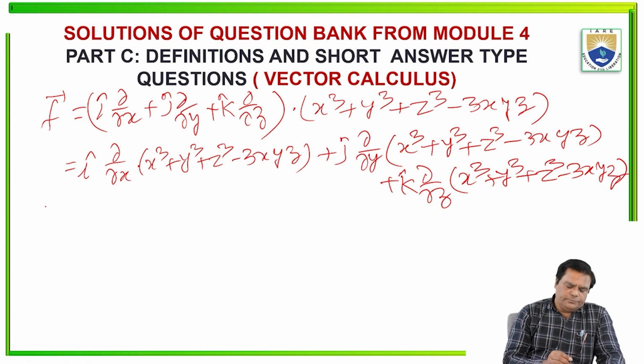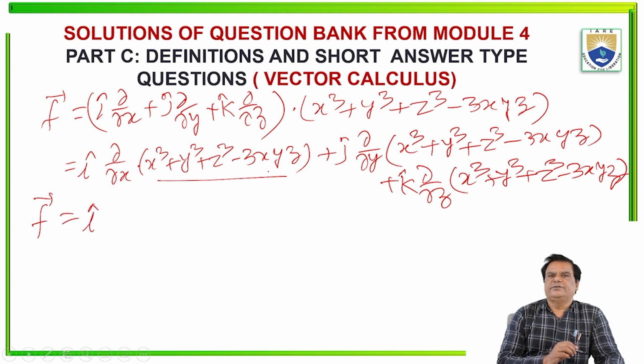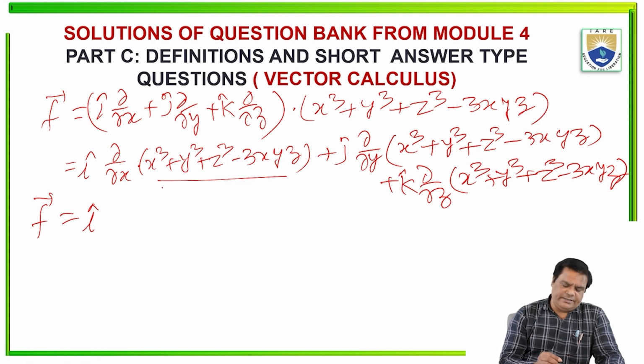So now f vector is i. Here differentiating with respect to x, y and z are constant.